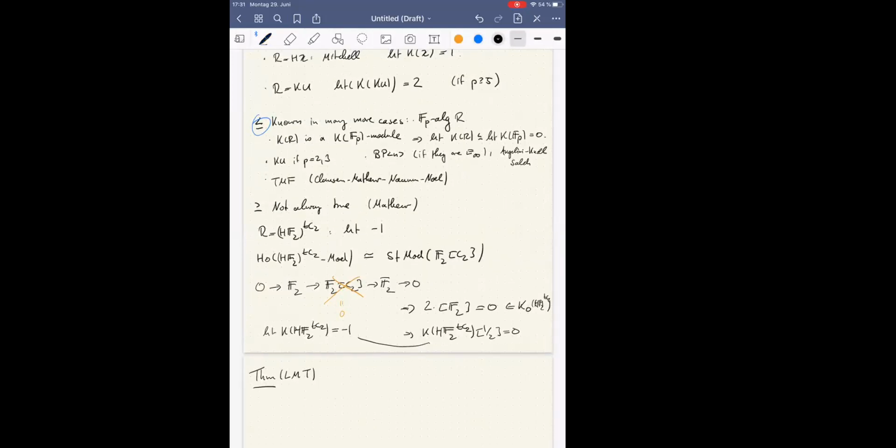So, namely, we show, maybe I phrase it more specifically: let R be an E infinity ring spectrum.